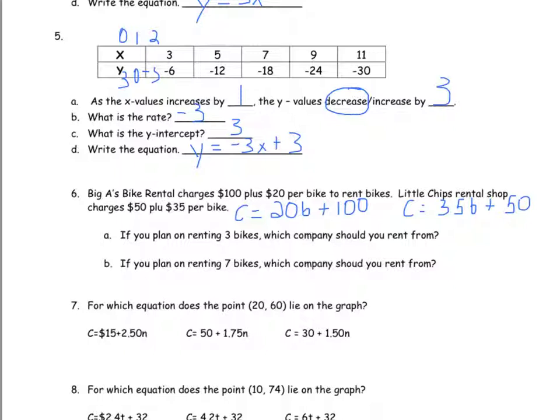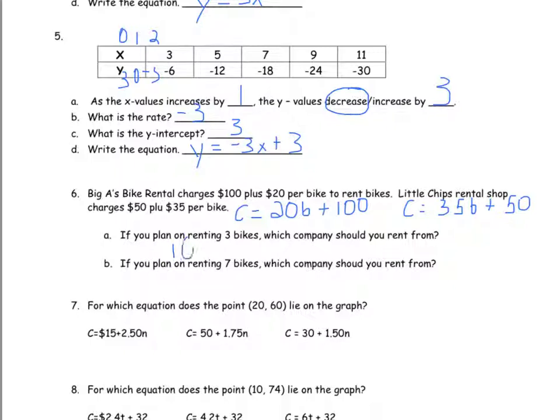Alright, so now all I need to do is just plug in the number inside the equation. So for renting 3 bikes with Big A's, 3 times 20 is 60. 60 plus 100 is 160.